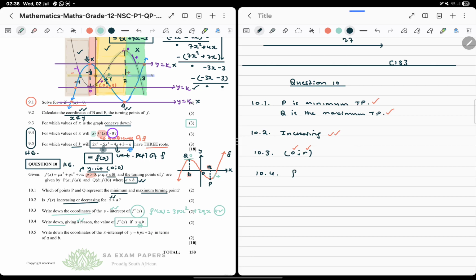So fine, we know that f prime of b is certainly going to be 0. Why? Because f of b is a stationary point, or we can say it's a turning point.